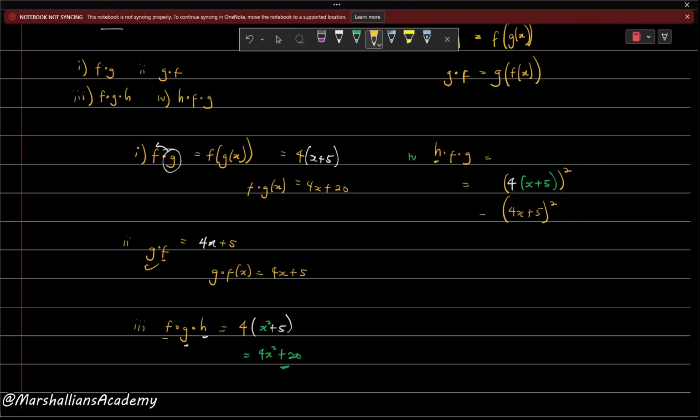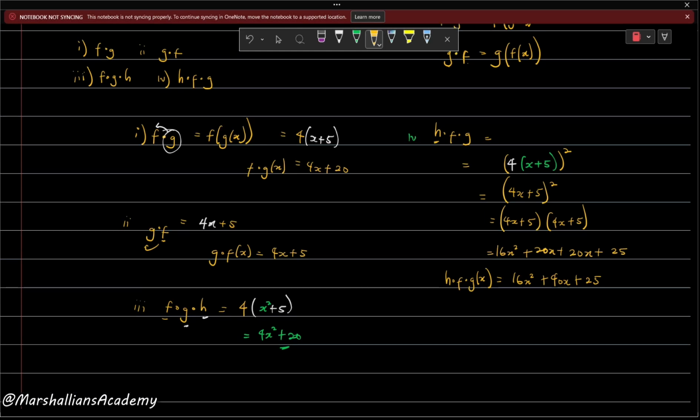And we can open this function, and this is going to give us 4x plus 5 into 4x plus 5, which leads us to, if we FOIL this bracket, we are going to be having 16x squared plus 4x times 5 is 20x plus 5 times 4x is 20x. 5 times 5 is 25, which takes us to 16x squared plus 40x plus 25. So this is h of f of g of x. Does this make sense? I don't know if you understand this.